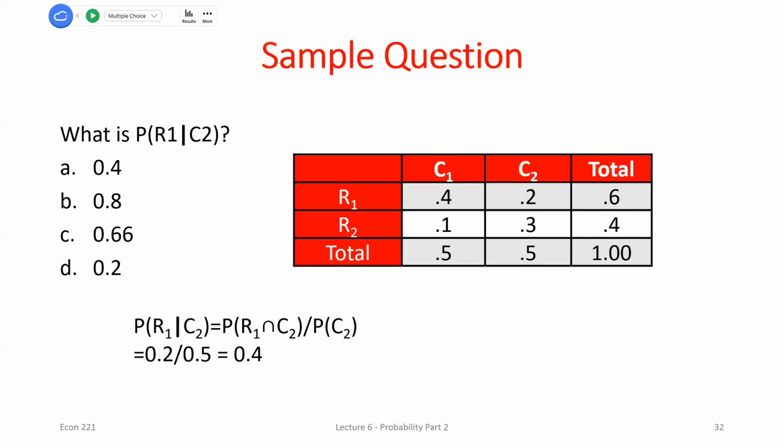So I'll give you guys a little time to work on this one. Instead, what if I asked you for the probability of this? I want to know what's the probability of C2 given R2, right? So give you a minute or two, work with the people around you, try to come up with how you would solve for this.